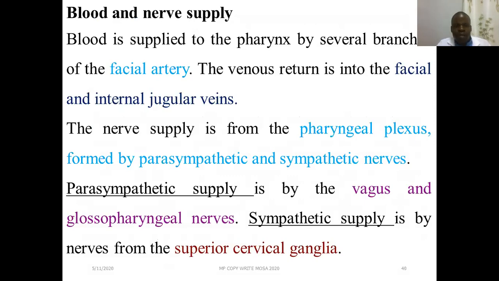So just look at blood and nerve supply. Blood is supplied to the pharynx by several branches of facial arteries, the arteries which are coming from the face. The venous return is into the facial and the internal jugular veins.